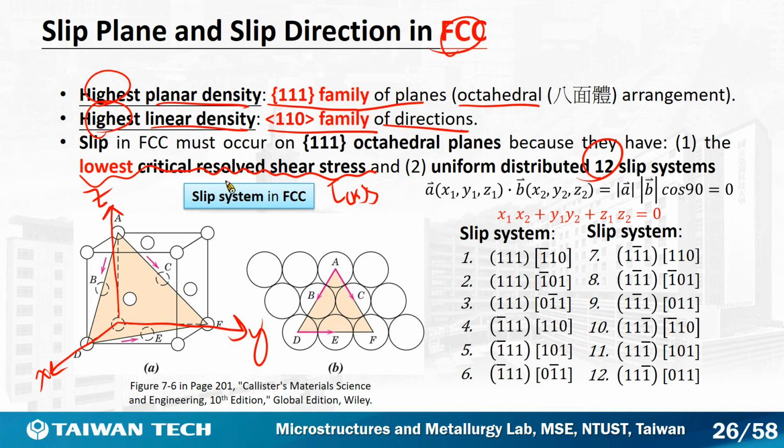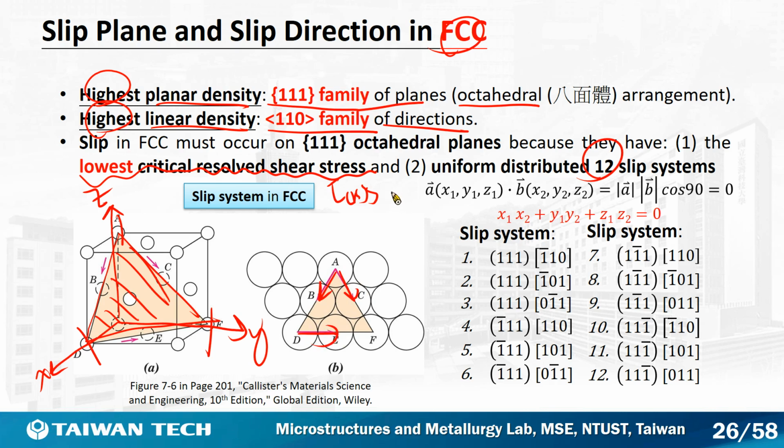So this is the Miller index, right? 111 planes with intercepts of 1. So this is the 111 plane. And then on this plane, we have three highest linear density directions. 1, 2, 3.